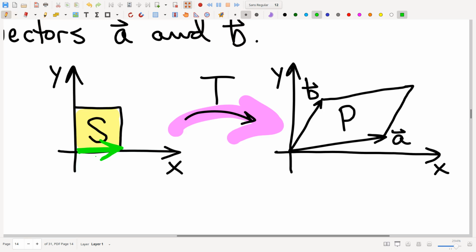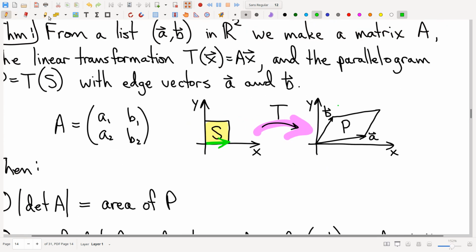What's the image of that standard basis vector? Recall from last week, when a matrix represents a linear transformation, the columns are the images of the standard basis vectors. So the image of a standard basis vector is just the corresponding column, namely the first column, that first vector in the list. It's A. So the image of the bottom edge of S is A.